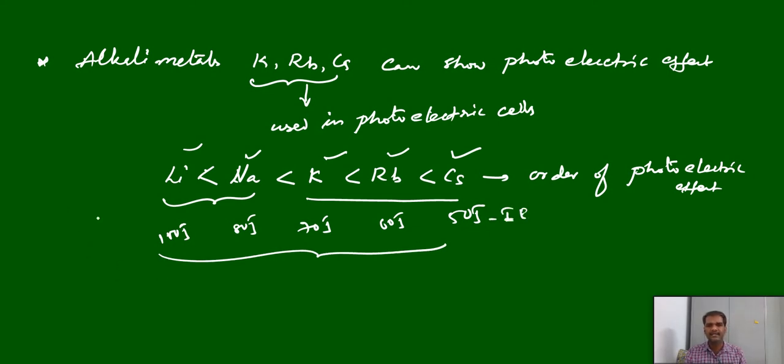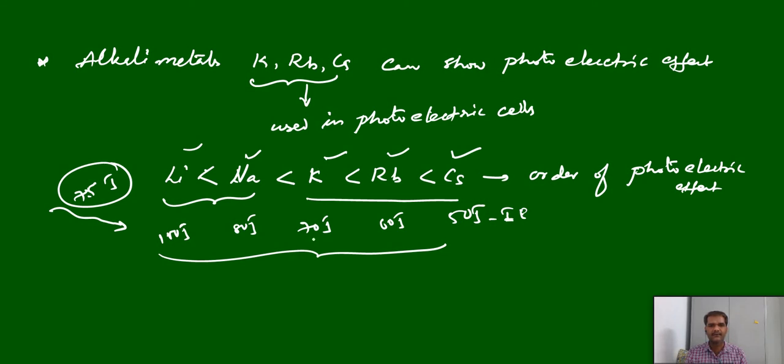Now we are incident with light of suitable energy, 75 joules. A photon strikes the metal surfaces, all these metals, with energy of 75 joules. Then from which metal can we eject an electron out of all these? From which metal can you eject an electron by supplying 75 joules?